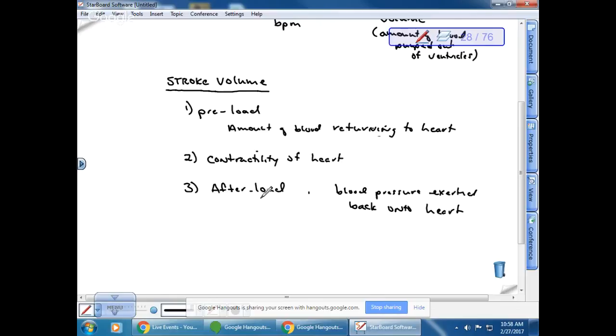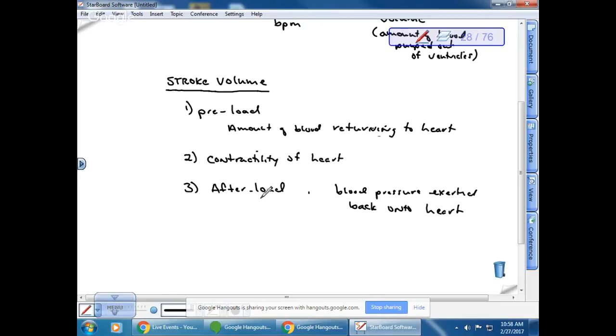If your blood is too viscous, like we talked about, if you have too many red blood cells, polycythemia, or if your vessels are contracted, you have high blood pressure, clogged vessels, then it's going to be harder to pump the blood back out. So that is what is referred to as afterload.